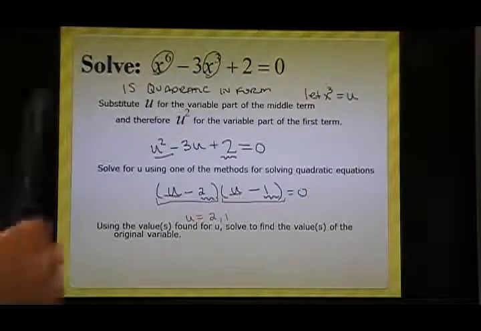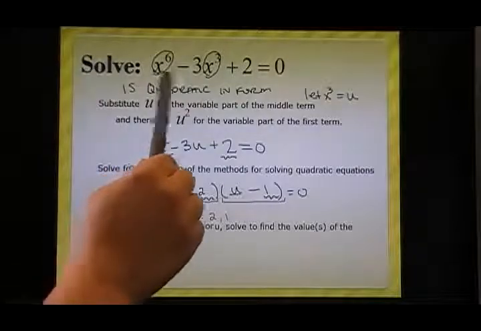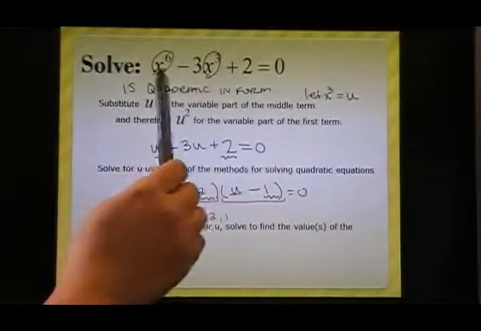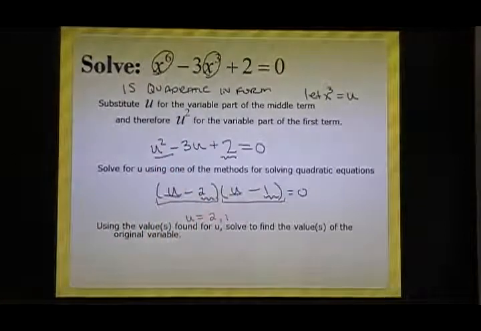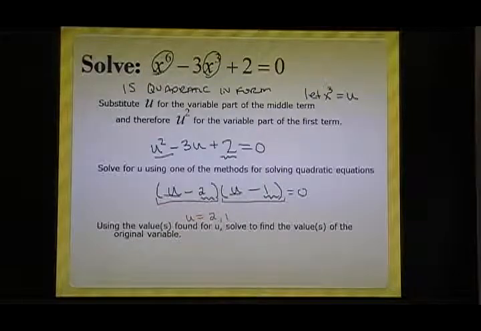But if we go back to our equation, it said solve this. When we're solving this equation, the variable in this equation is x. So my answer has to be values of x that make this true. I have not found that. Once you've found the values for u, you need to solve to find the values of the original variable.